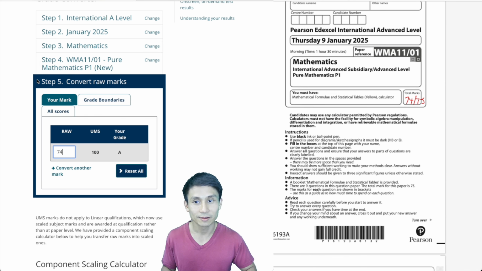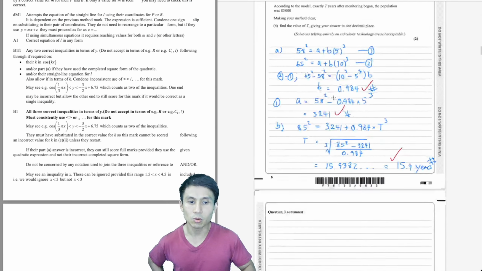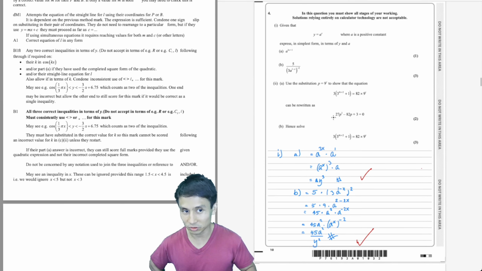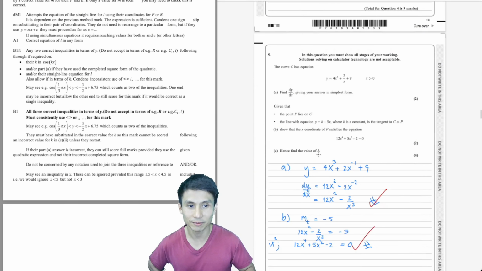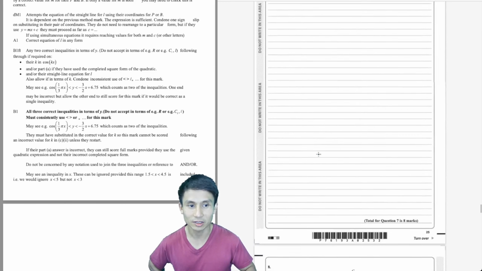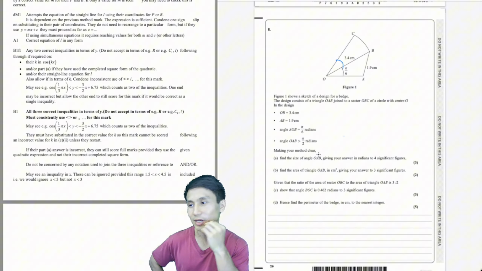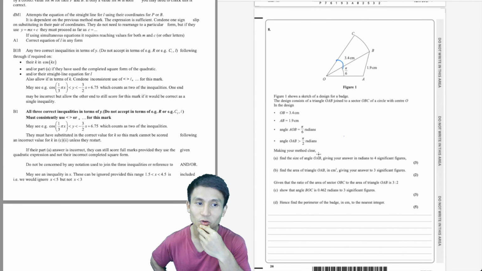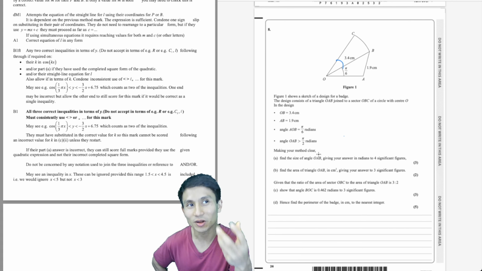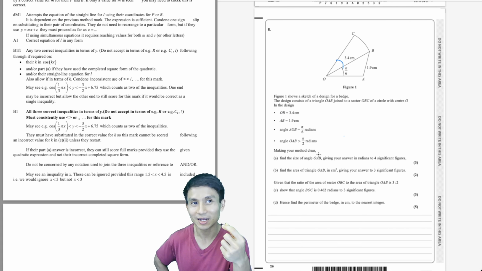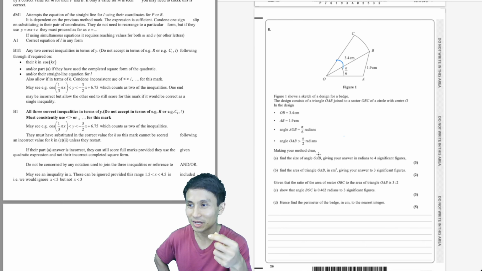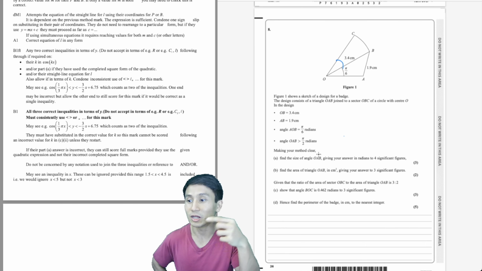The only feedback that I would give to this paper is that it was generally okay, but in my opinion, the tricky thing was only this question here, because you've got to be careful when you solve for an angle. I think most people might have got the wrong angle at first, and then maybe some students will realize that they made a mistake, and then hopefully they find out that this should be the obtuse angle.